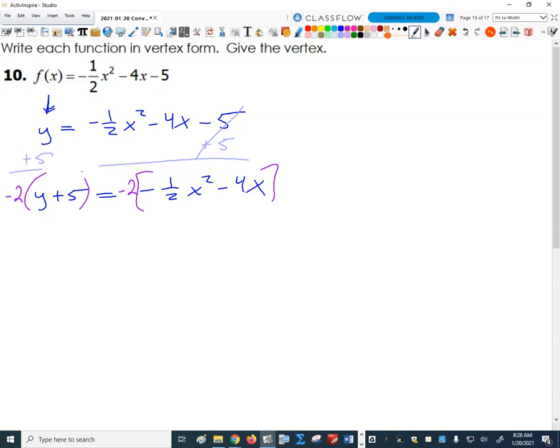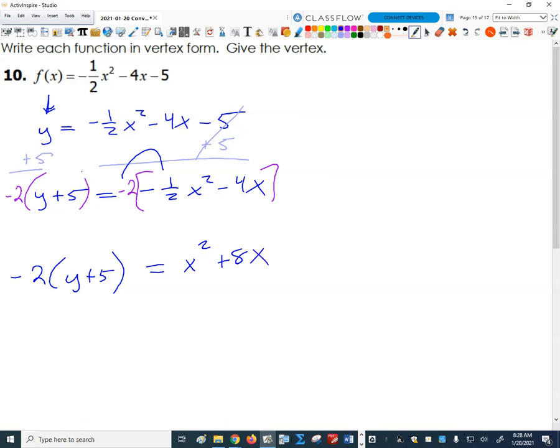And that's going to give me on the left side negative 2 times y plus 5. Now I can distribute that, but why would I? I could, it's fine, but I'm just going to undo everything anyway. On the right side, when I distribute, negative 2 times negative 1/2 gives me positive 1x squared. Negative 2 times negative 4 is going to give me a plus 8x.